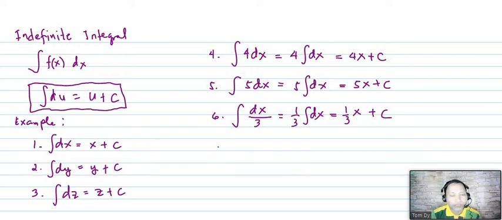And if you have, let's say, 7, the integral of 4 dy over 3, that is equivalent to, of course, 4 over 3 times the integral of dy, which equals y plus c.